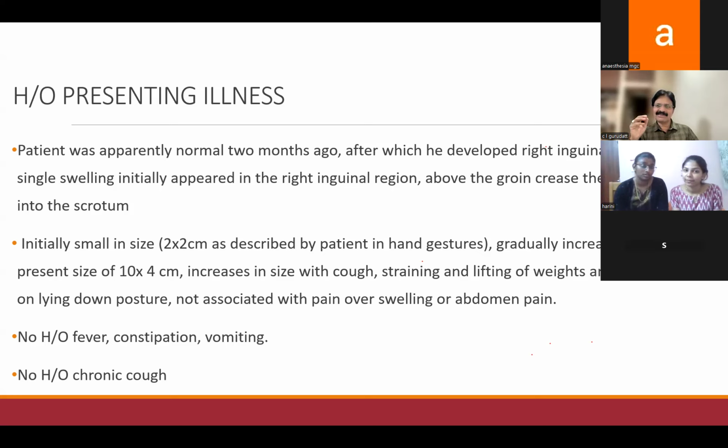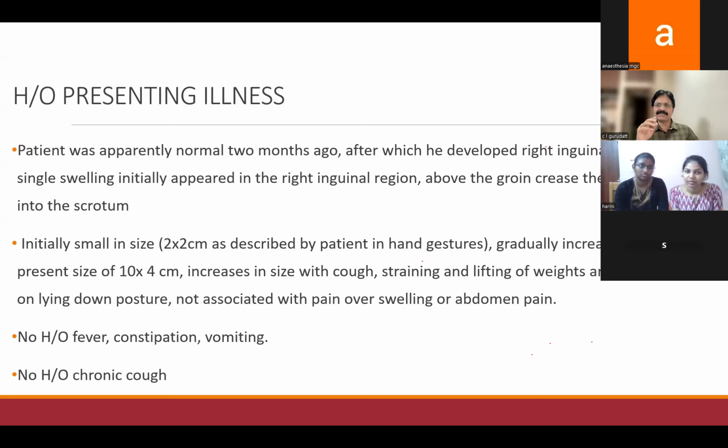More important than all these things, what about the coagulation profile or coagulation factors? Vitamin K deficiency? Vitamin K deficiency will be there in obstructive jaundice, we'll come to that later.